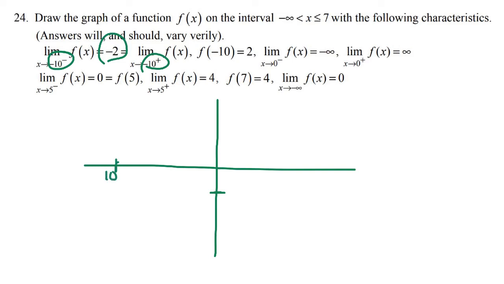And so my graph is hitting there, but look at the for sure value for -10. The for sure value for -10 is going to be +2. So I've got to have a for sure point there. But then that tells me down here, I'm going to have an open circle. So that's going to be interesting. We are tending toward that value.